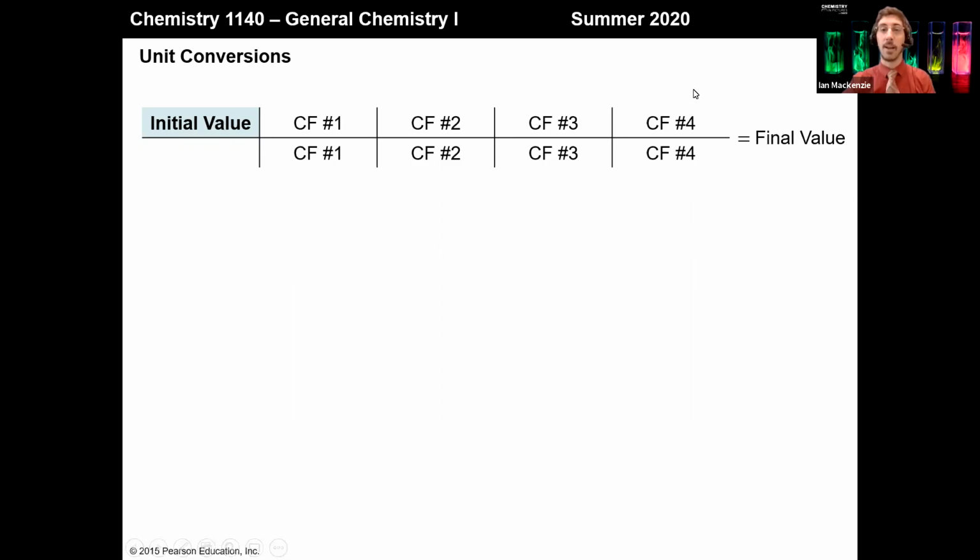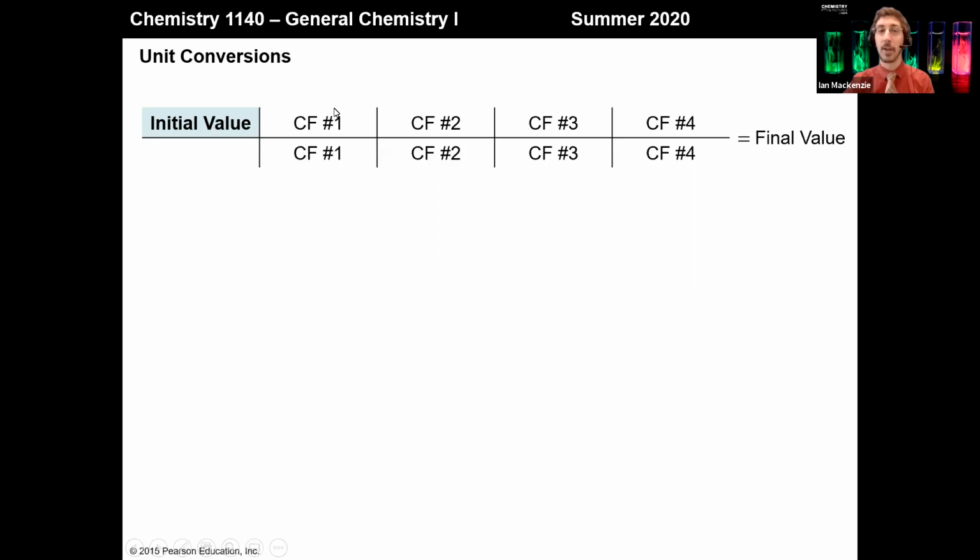I want the last conversion factor, 4 in this generic example, to have the units that I want at the end, because my initial value units should cancel with the units of the bottom part of conversion factor 1.